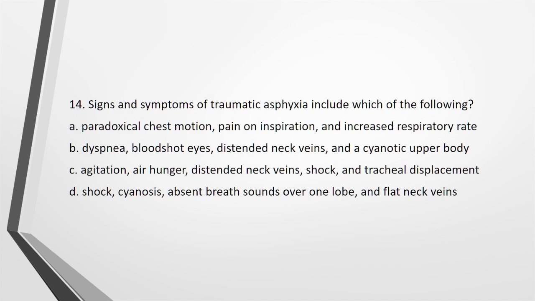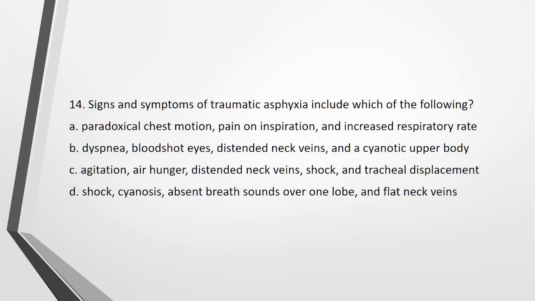14. Signs and symptoms of traumatic asphyxia include which of the following? A. Paradoxical chest motion, pain on inspiration, and increased respiratory rate. B. Dyspnea, bloodshot eyes, distended neck veins, and a cyanotic upper body. C. Agitation, air hunger, distended neck veins, shock, and tracheal displacement.